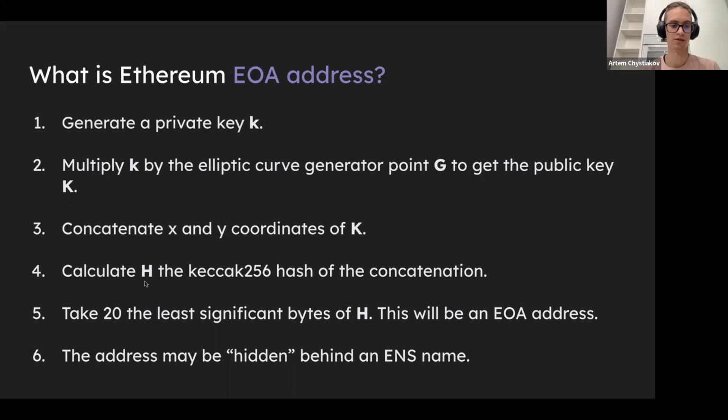Then you calculate the Keccak-256 hash of this concatenation. This gives you a 32 bytes long, or 256 bits long, string. Then you take the rightmost 20 bytes of this hash, and those 20 bytes are your address.